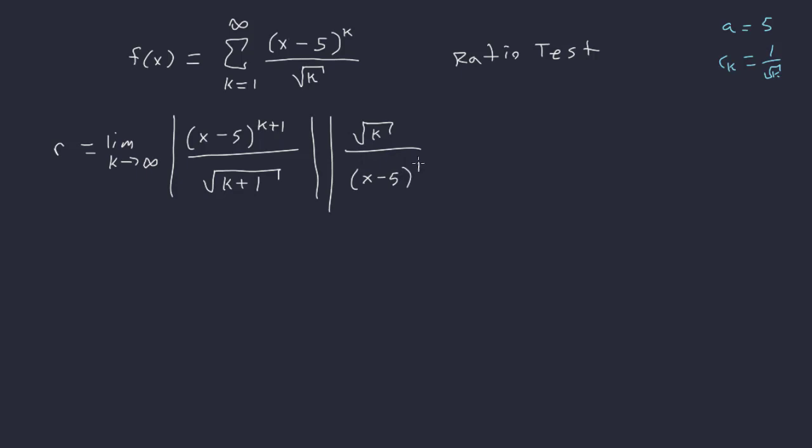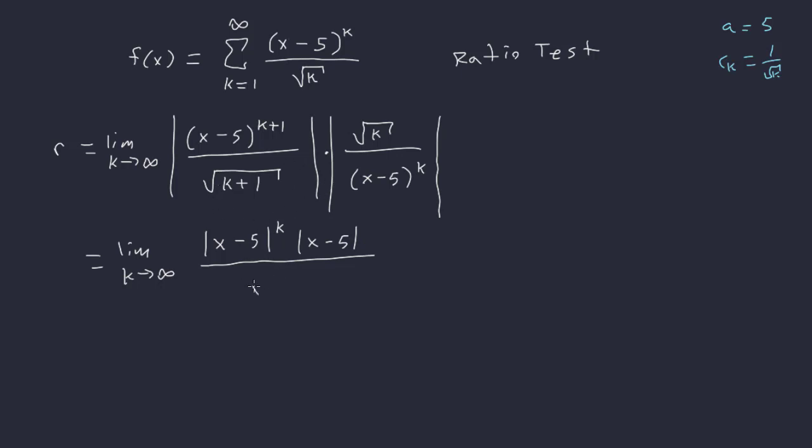All right, so let's simplify this down a little bit. This will be the limit as k goes to infinity of the absolute value of x minus 5 raised to the k times the absolute value of x minus 5. Just breaking that piece down like we normally would.